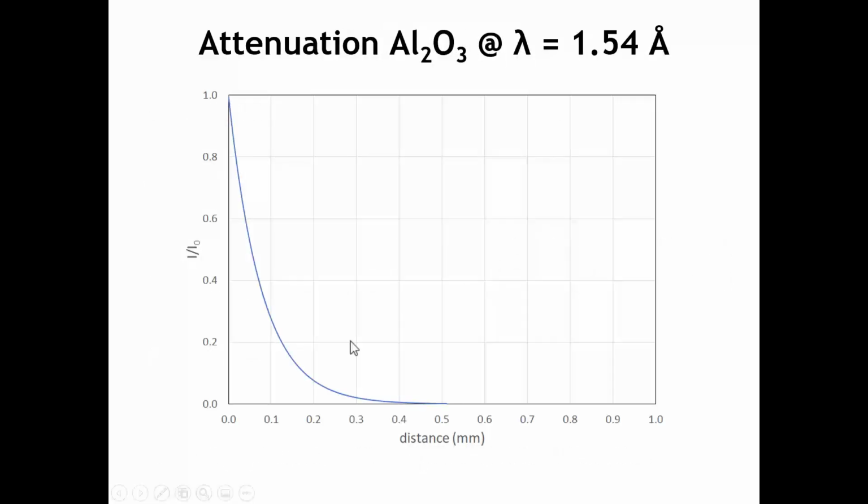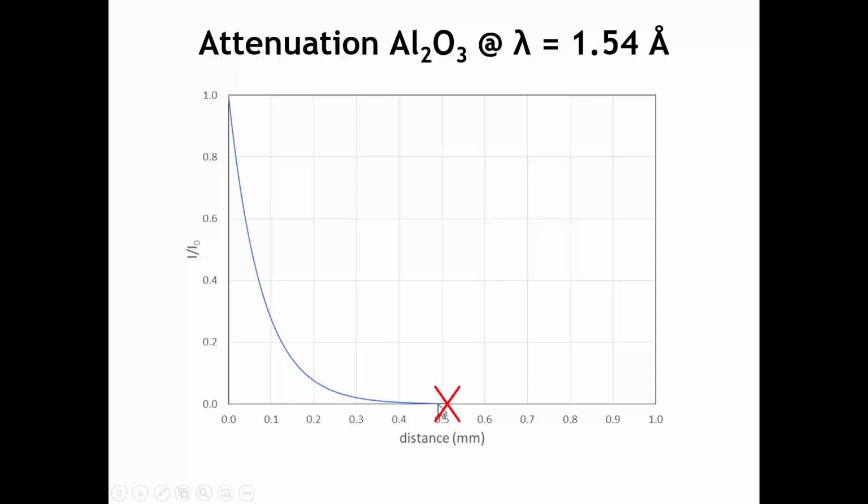We can plot the propagation of copper K alpha X-rays through aluminum oxide on a plot like this. And what we see is that, here initially, before the X-rays enter the aluminum oxide, the intensity is I naught. But by the time we get 0.5 millimeter into the aluminum oxide, they've practically all been absorbed.